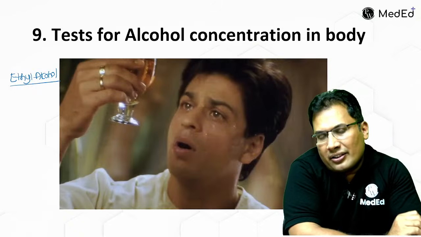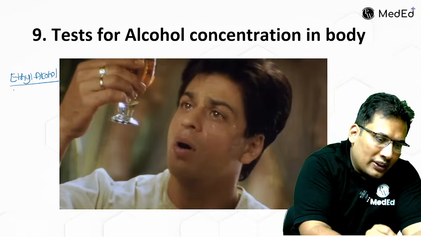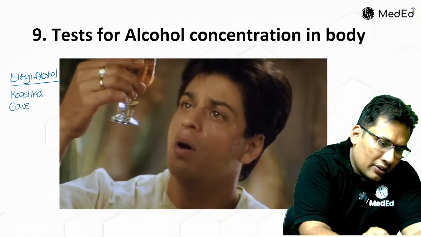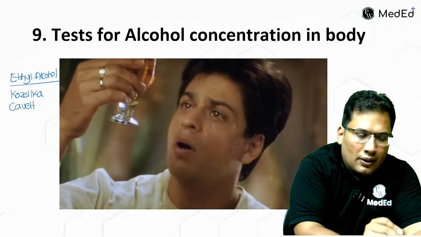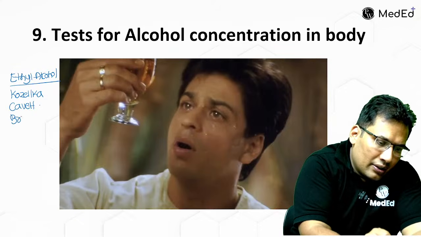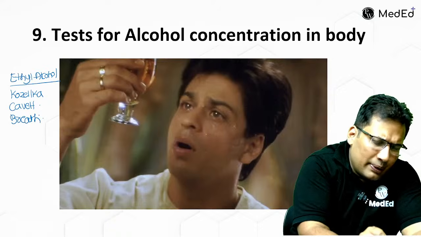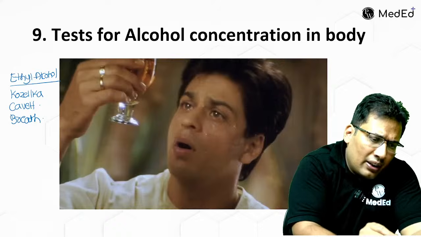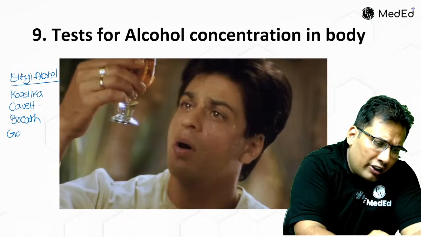So, there are many tests. So, one is Kozelka test, Kevet test, breath analyzer. No, breath analyzer is basically for breath analysis, not for the blood analysis. Then gas chromatography.